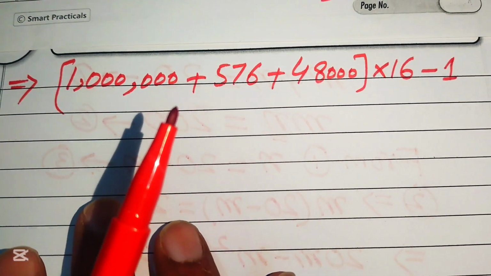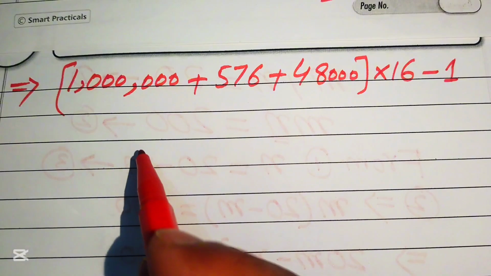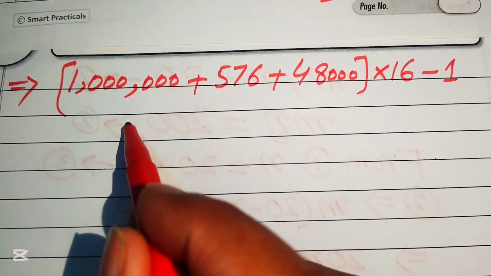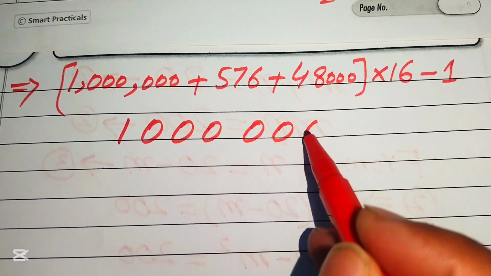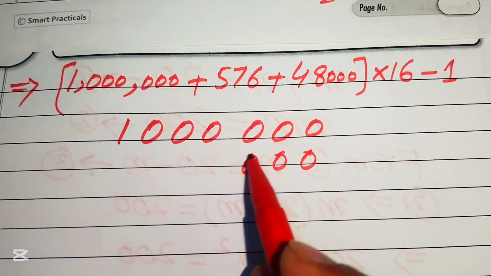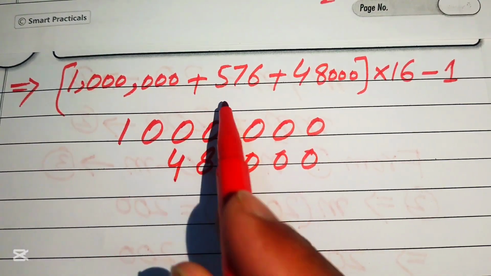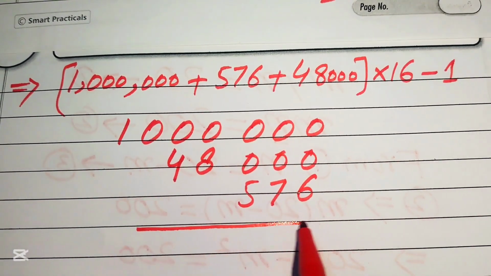Now after this step, first we need to add these three values, in our traditional method of addition. So we write these terms as 8, 4 and these are added by 5, 7 and 6.